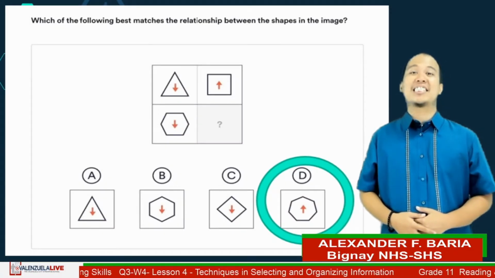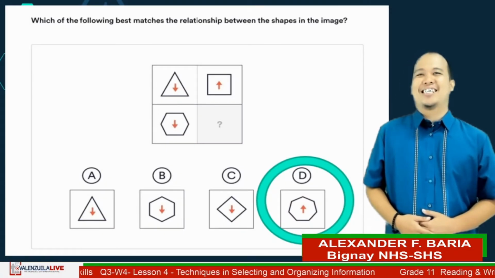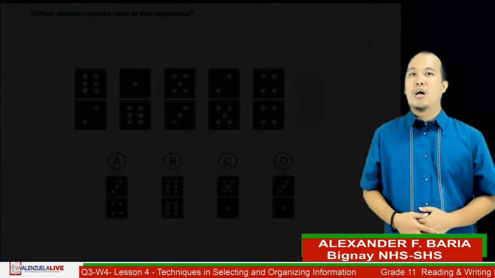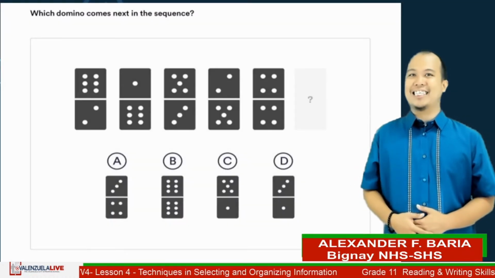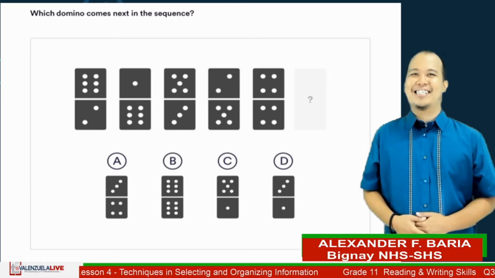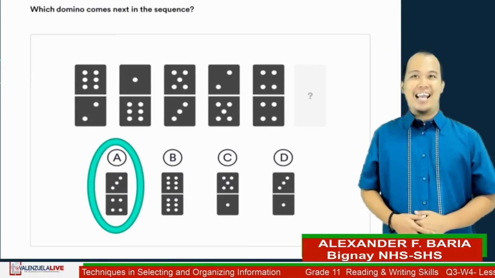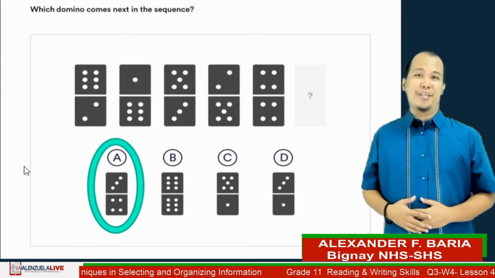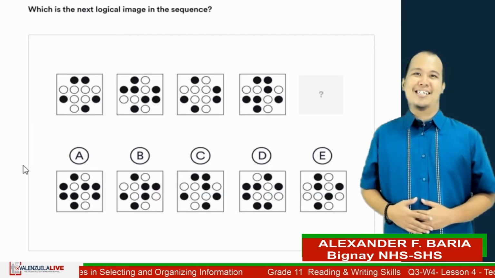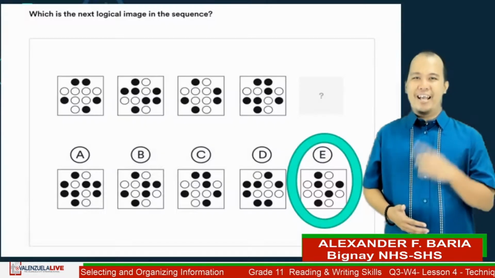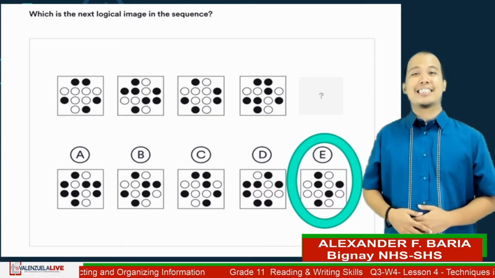You got it. It's letter D. Moving on to the next. Which figure do you think it is? Okay, right, a domino. It is letter A. What about the next figure? Very well chosen. It is letter E.